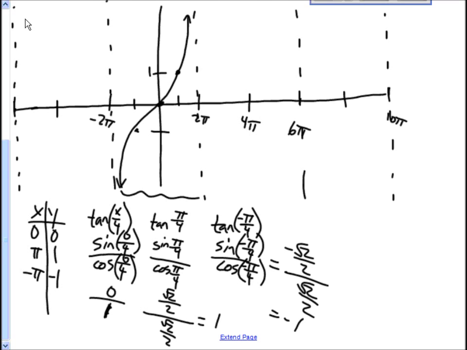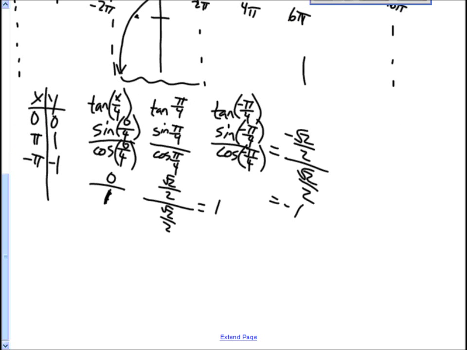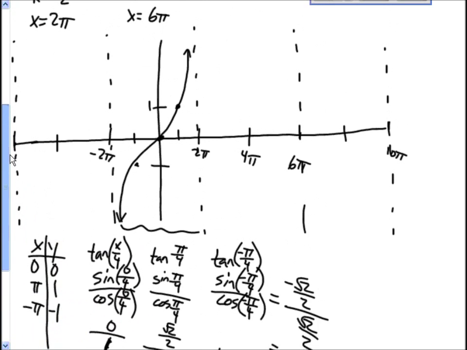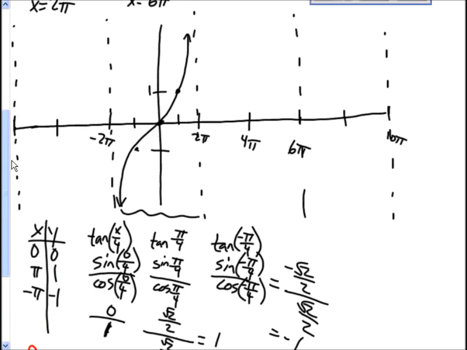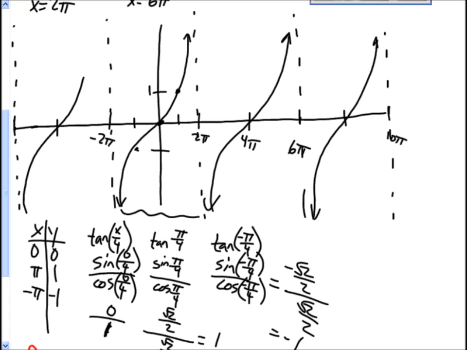So you've got this period now that's not just pi anymore, it's 4 pi. Your period here is 4 pi on this one, okay? And it's cyclical, and you could check a bunch of other points here, but anyway, that's what that 1/4 does. It changes that period.